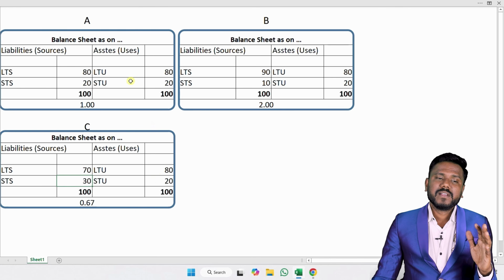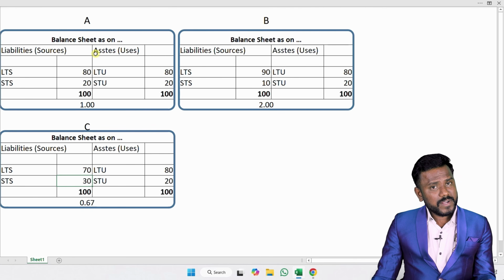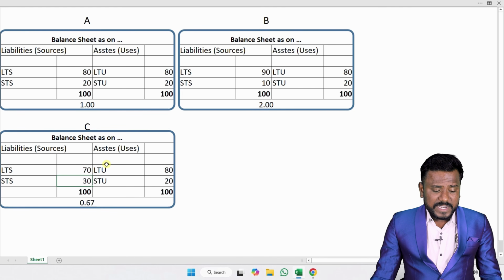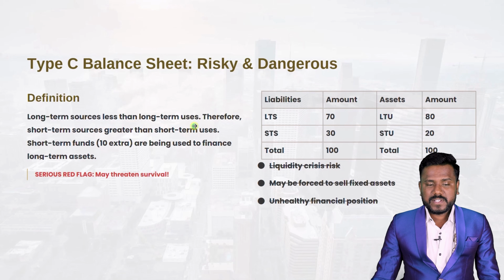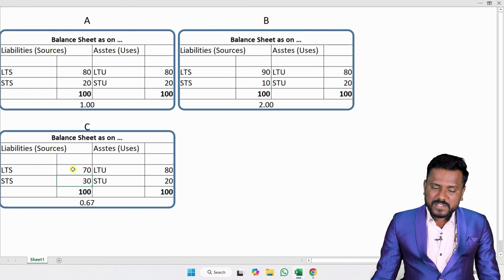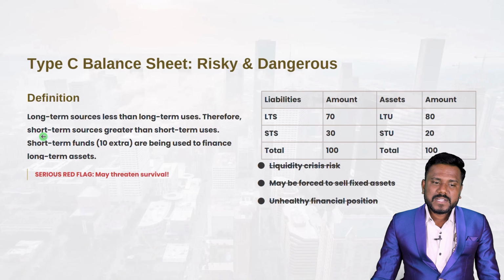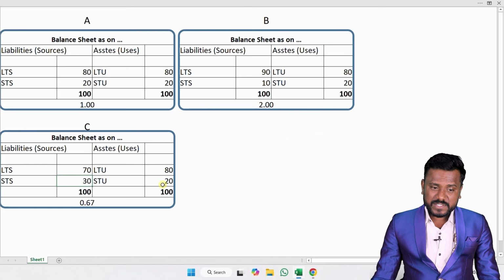That's the reason A is structurally good, C is in a very dangerous situation: long-term sources less than long-term uses. Therefore, short-term sources greater than short-term uses.